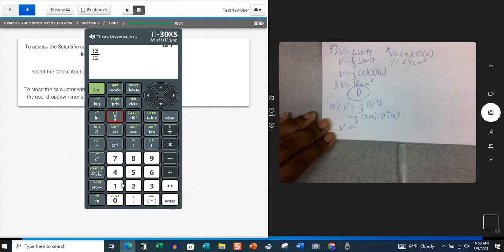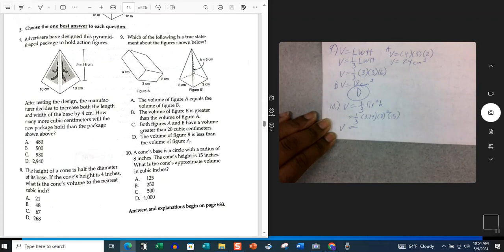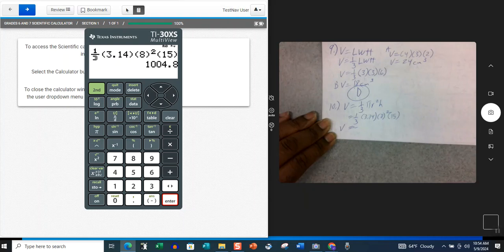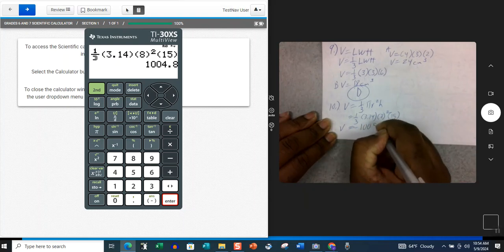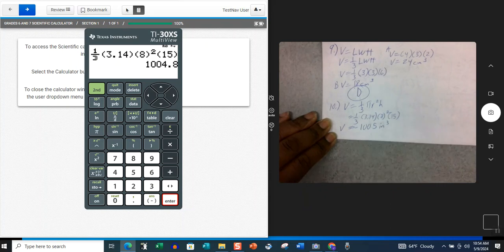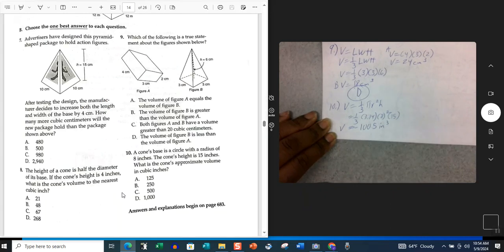So we have N over D, 1 in the numerator, 3 in the denominator, right arrow, parenthesis, 3.14, close the parenthesis, open the parenthesis, we have 8, close parenthesis, then we have to square that 8, then parenthesis 15, close that parenthesis, press enter, and they told us to round to the nearest cubic inch. So it'd be 1005 cubic inches.